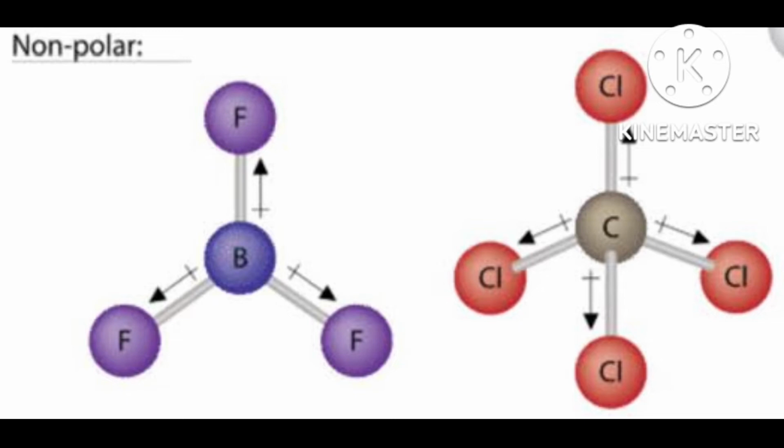Then simply you can write this structure also. BF3 has three bonds, BF, BF, BF.